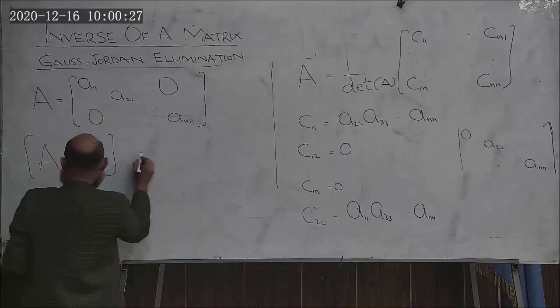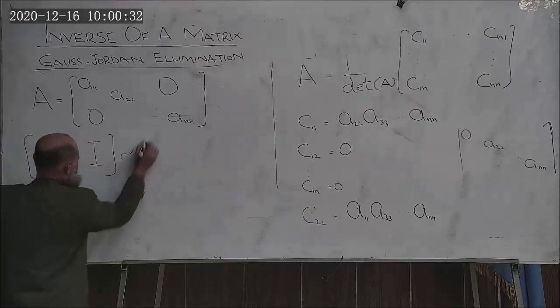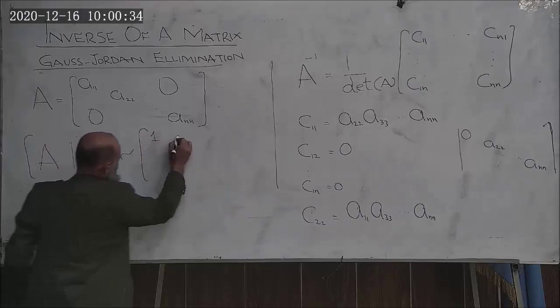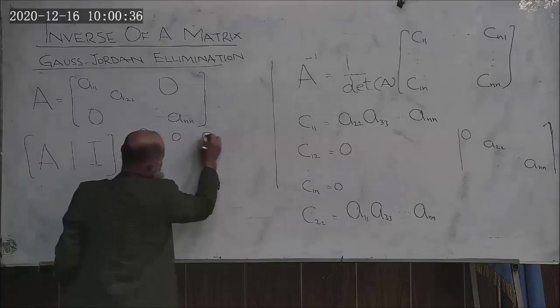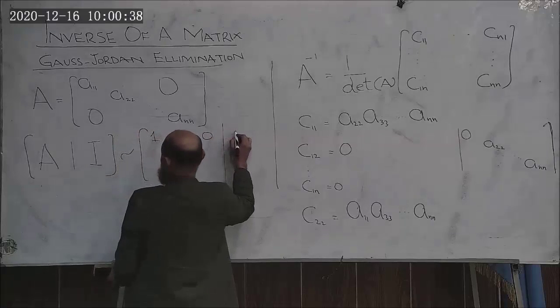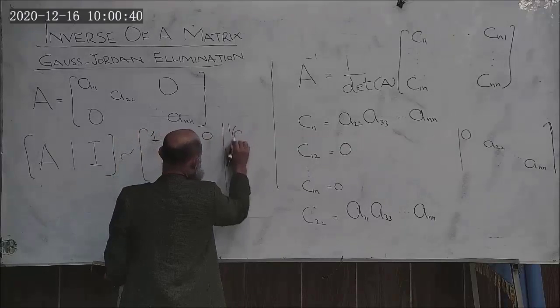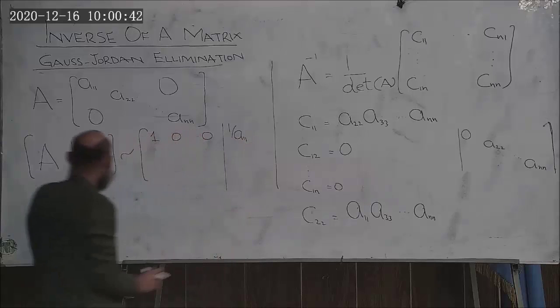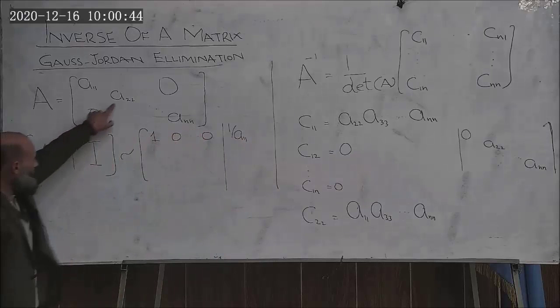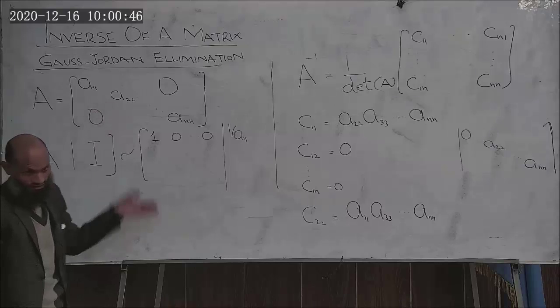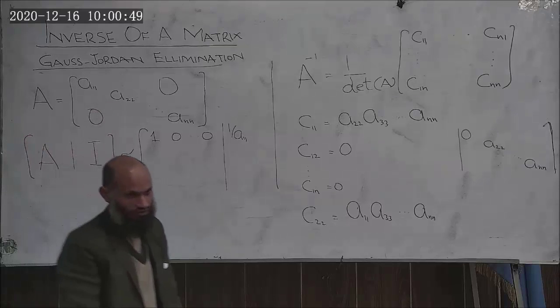We shall have this matrix over here. So here will be 1, 0, 0, and here the entry will be 1 over A11. And similarly, divide the second row with A22. So that is also an easier way to prove the thing.